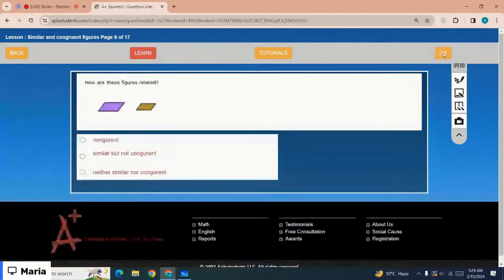How are these figures related? They are similar but not congruent.